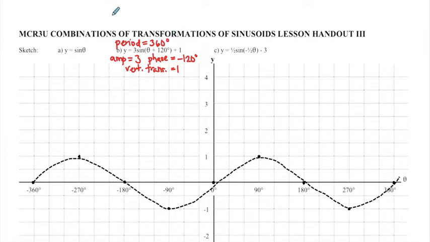So we just have to state what our domain and range is going to be. The domain will always be the set of theta such that theta is an element of the real numbers. And the range is going to be the set of y such that y is between two different numbers, and you can leave yourself some space to figure out what those numbers are. And then y is an element of the real numbers.